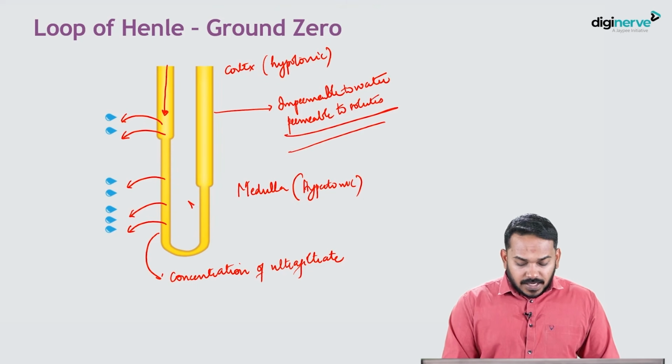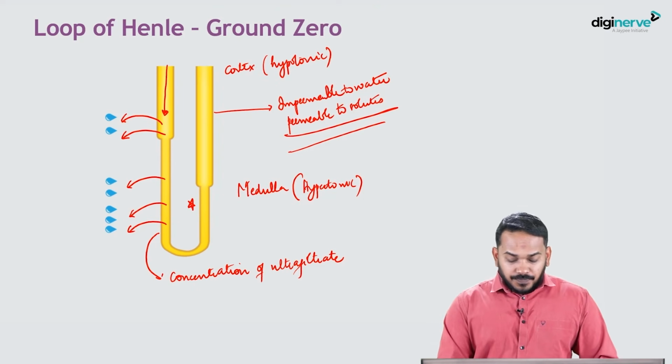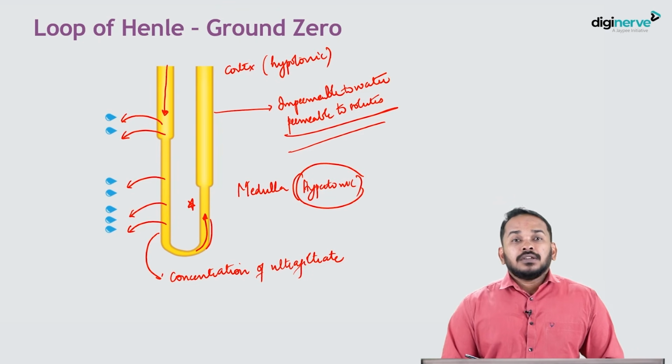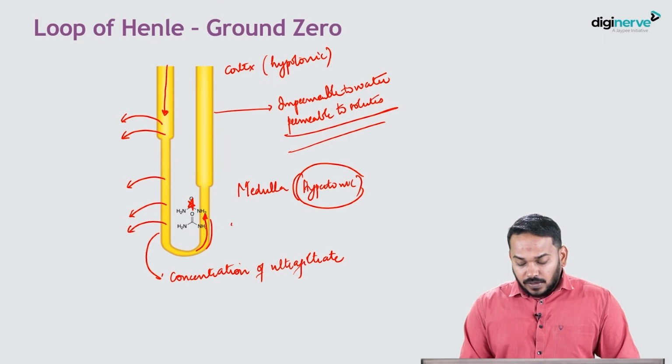And the thin ascending limb of loop of Henle is permeable to urea. So since the medulla is hypertonic and since this area is permeable to solutes, as the ultrafiltrate goes up the loop of Henle, urea will be secreted into the ultrafiltrate.